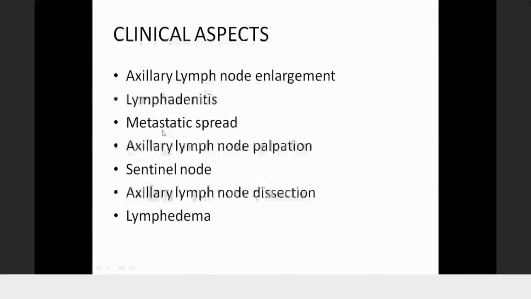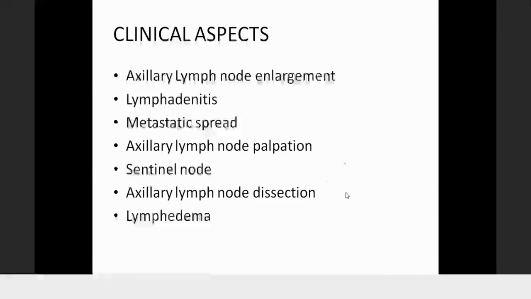What is metastasis? Lodging of cancerous cells from the primary part to a distant site. Metastasis is when cancerous cells move to distant sites from their original site. Most commonly, breast cancer spreads through the lymphatics.